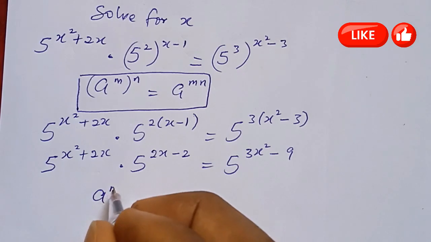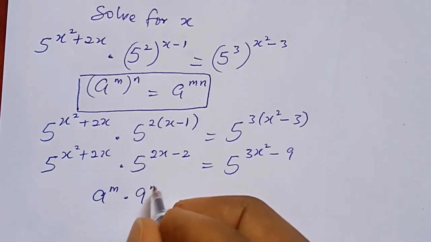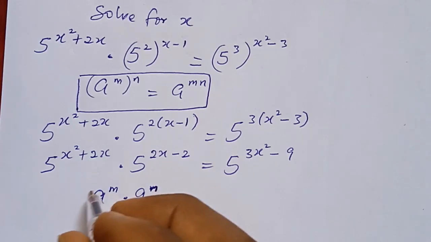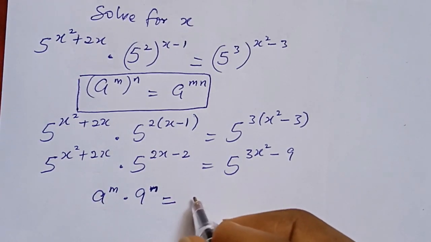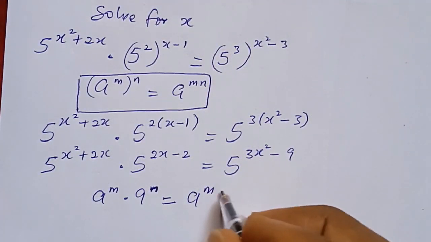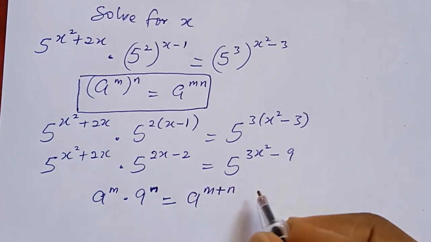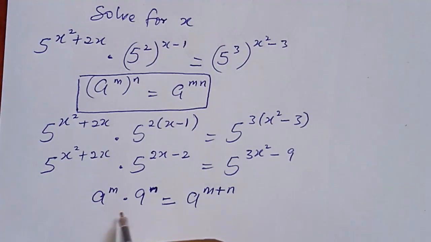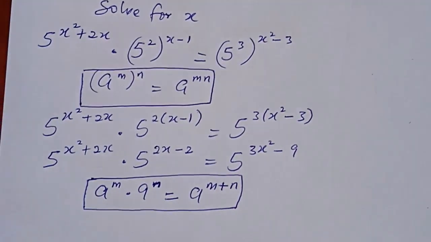So from here, what we need to do is to combine this exponent together using this identity: base a power m multiplied by base a power n, with resulting answer as base a power m plus power n. So we use this to combine the exponent.